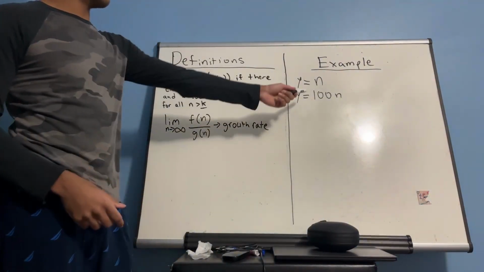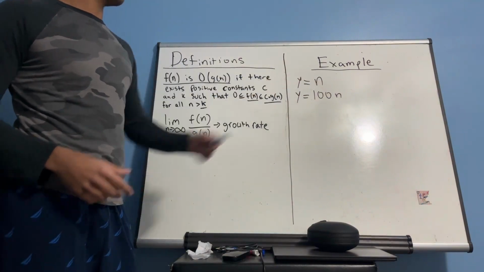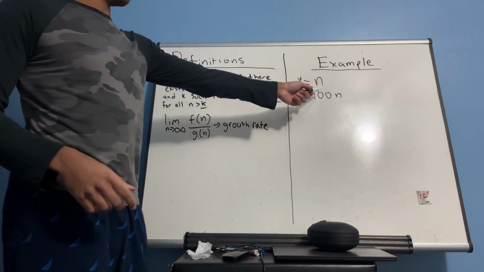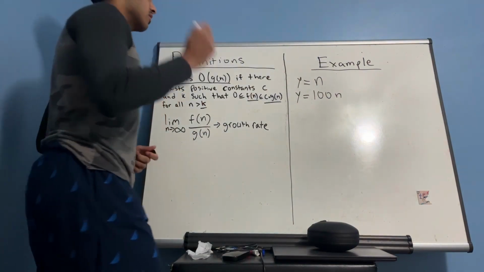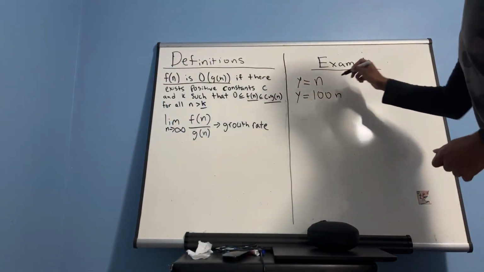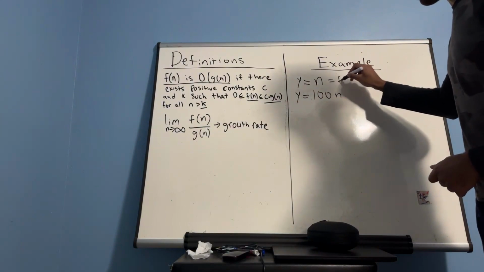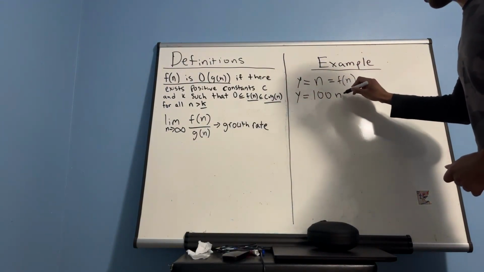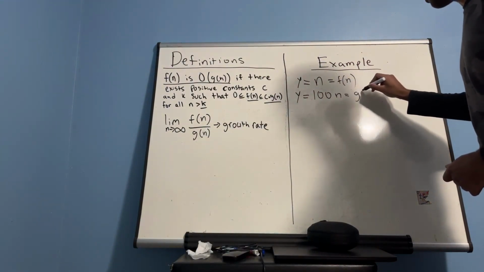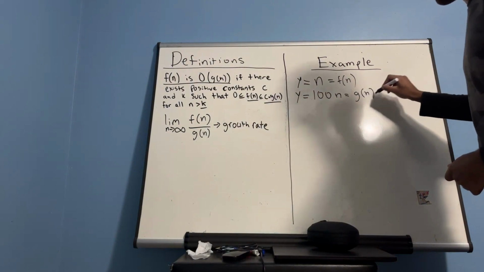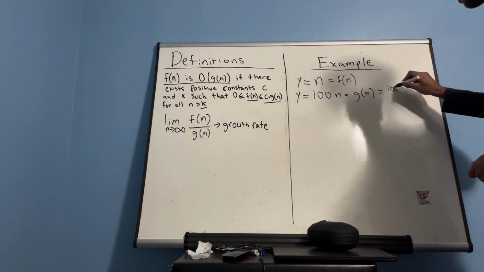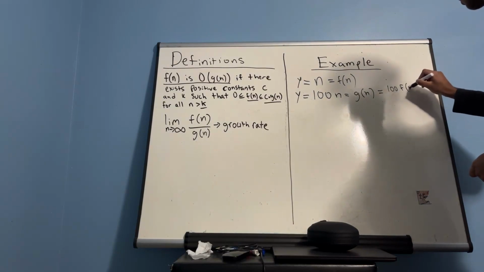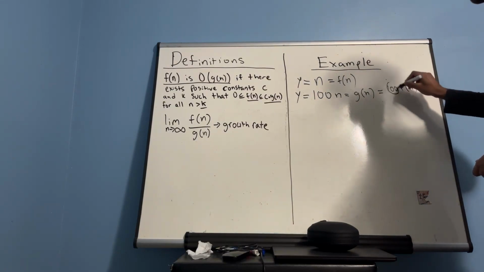As you can see from the equations, y equals 100n is the same as the first function, just times 100. So here we can call this f of n, and this is going to be our g of n, and g of n is just 100 times f of n. So you can see where our c comes from. This is our c.